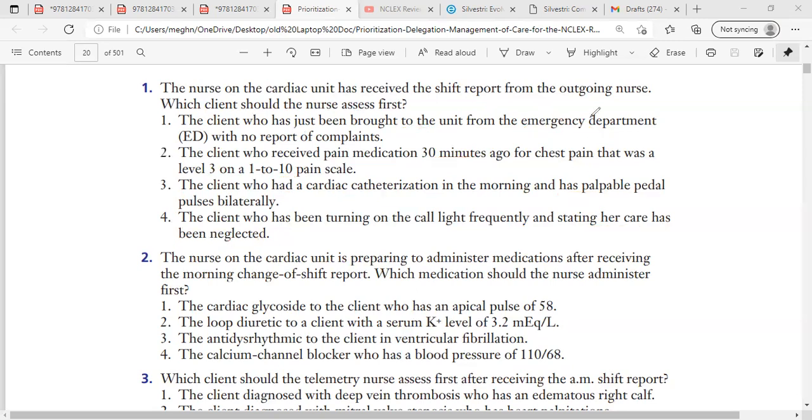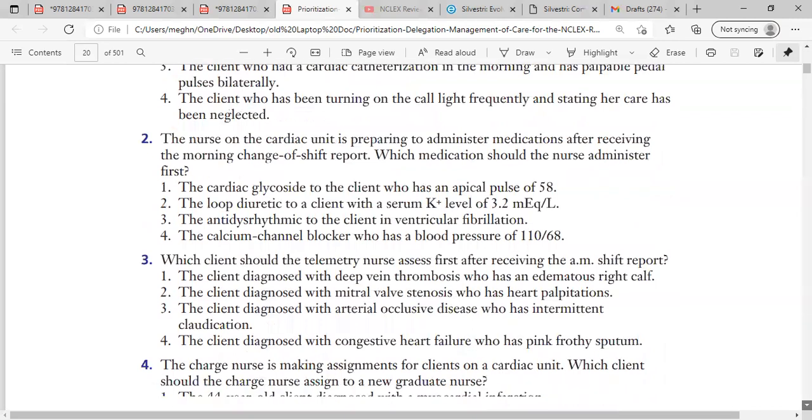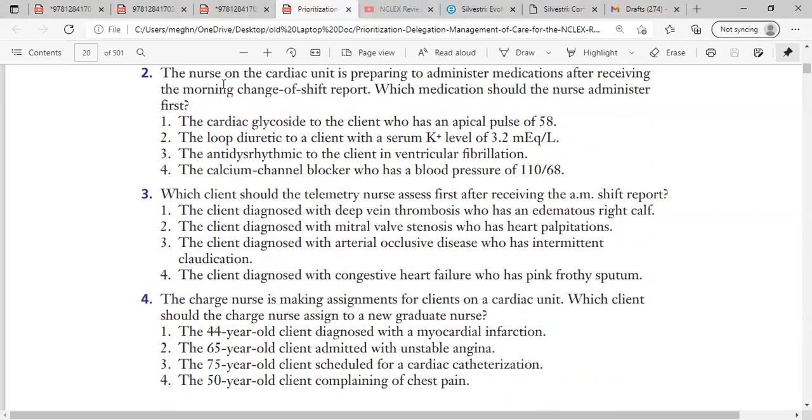What next? Question number 2. The nurse on the cardiac unit is preparing to administer medication after receiving the morning change of shift report.